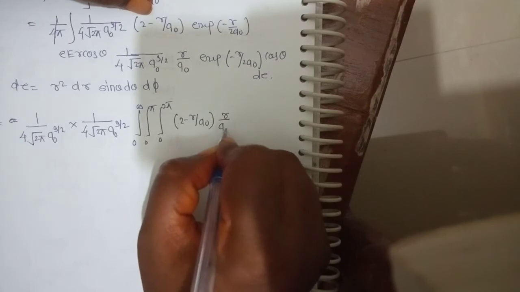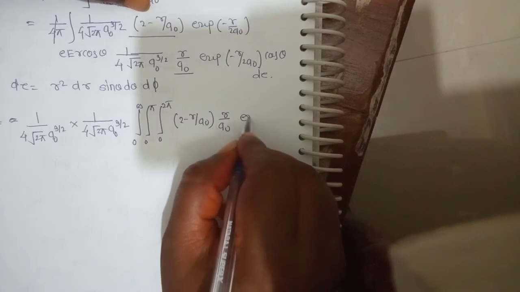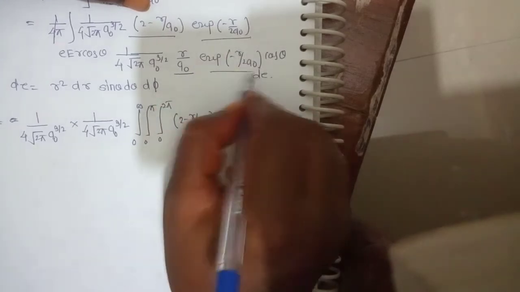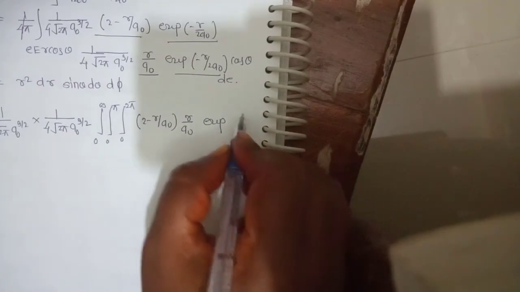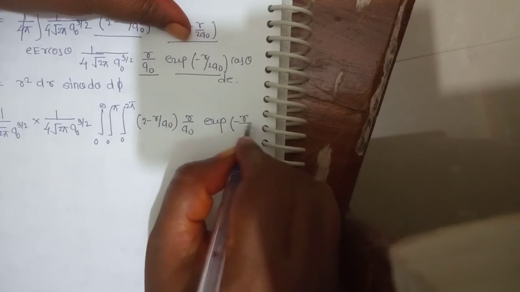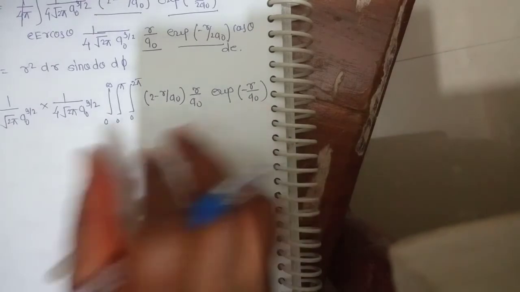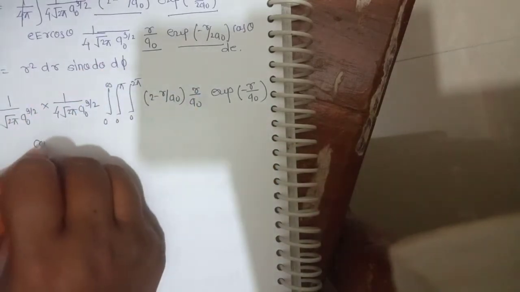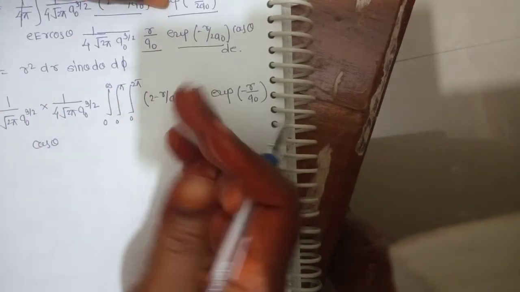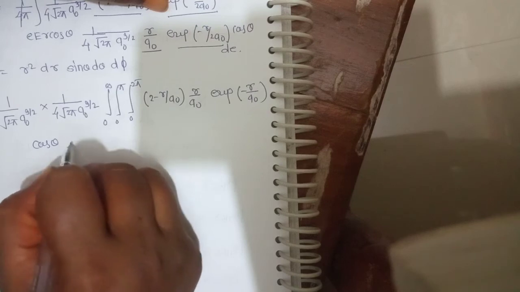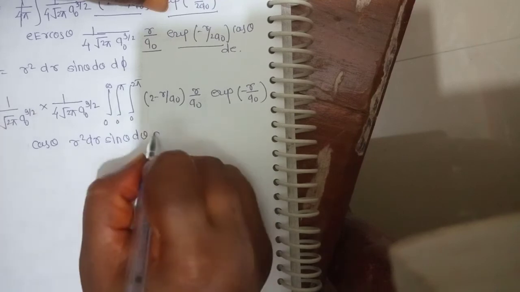Yes, r by a naught. Write both these terms. After that, the exponential terms: e to the power x, e to the power x becomes e to the power 2x, like that, r by a naught. After that, the theta term, cos theta. There is no phi term, so r square dr sin theta d theta d phi.